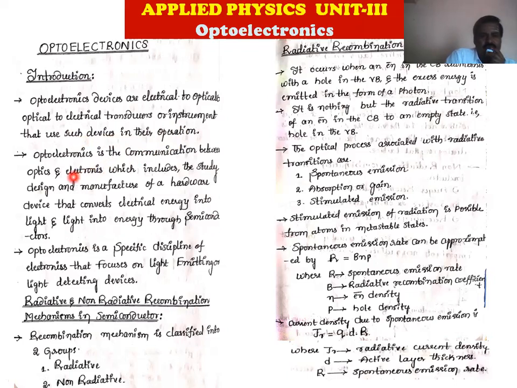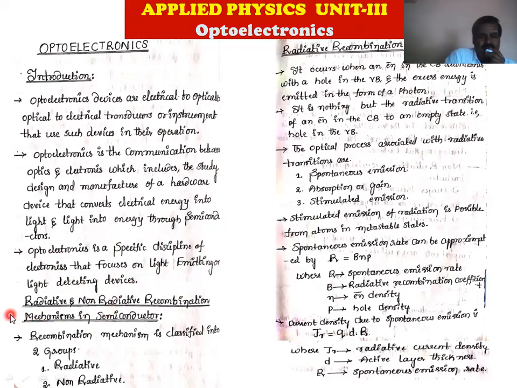Optoelectronics is the communication between optics and electronics, which includes the study, design, and manufacture of hardware devices that convert electrical energy into light energy, and light into electrical energy, through semiconductors. Optoelectronics is a specific discipline of electronics that focuses on light emitting or light detecting devices.